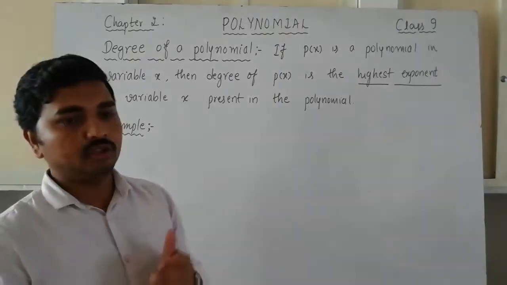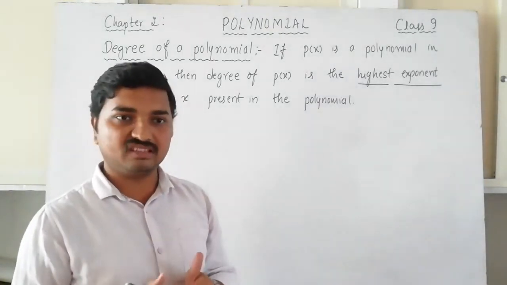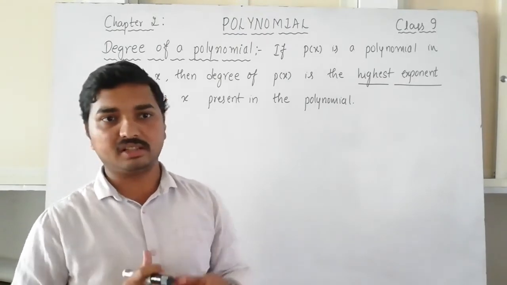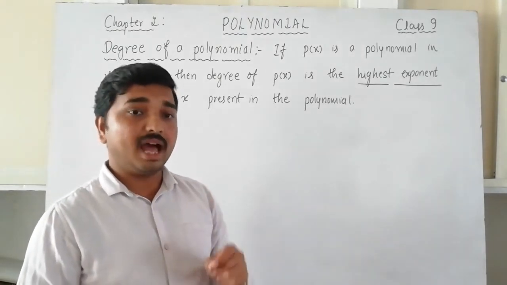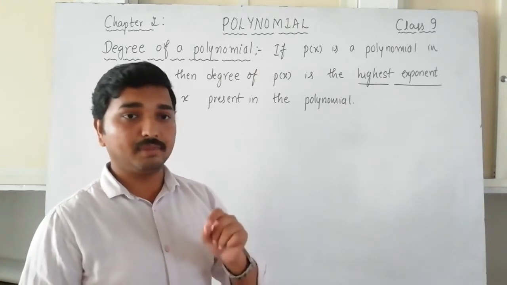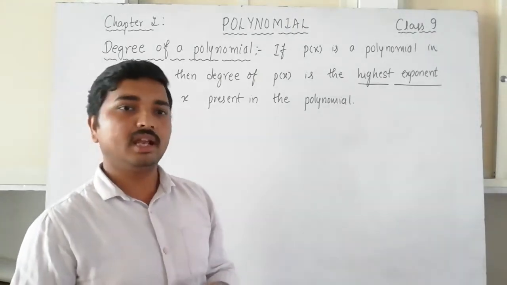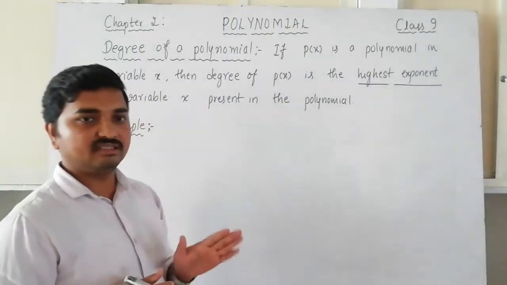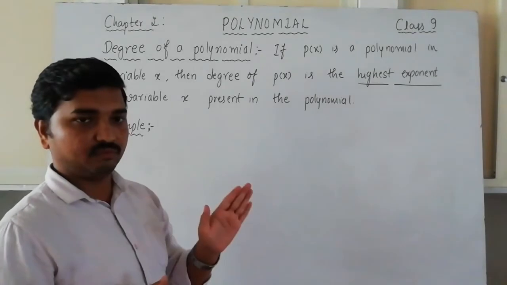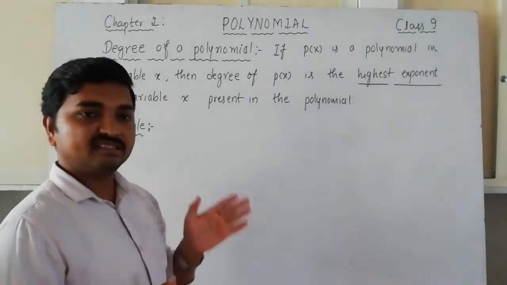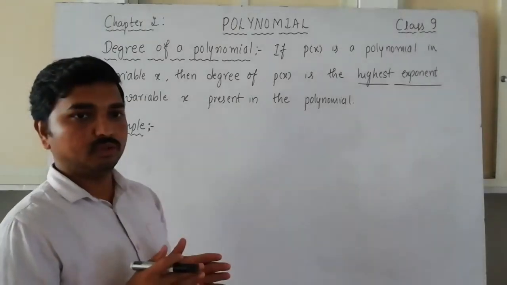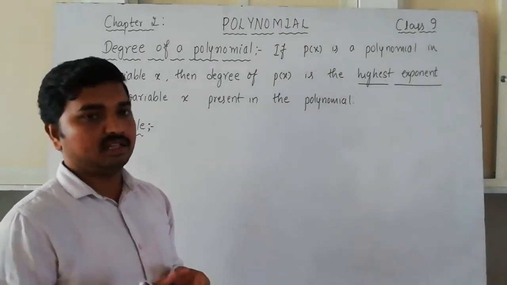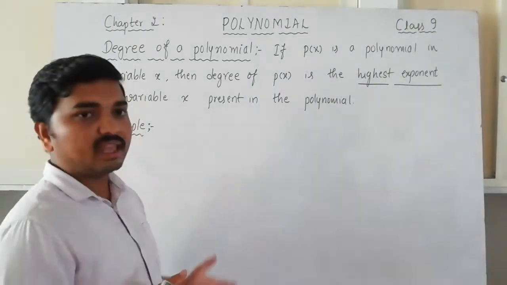So whatever the highest exponent of variable x is, that is the degree of the polynomial. I think this definition is clear. Even if it is not clear, it will be understood when I give the examples.